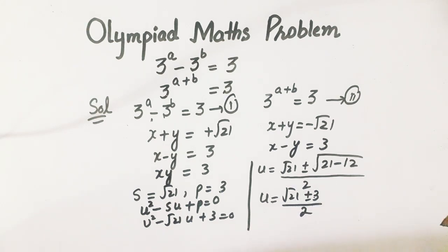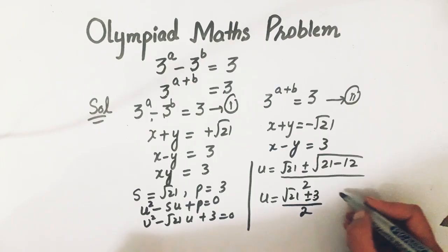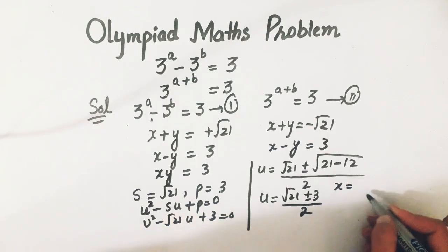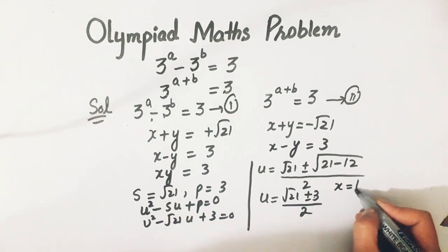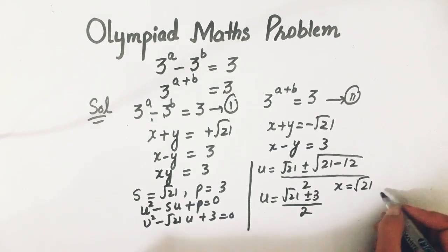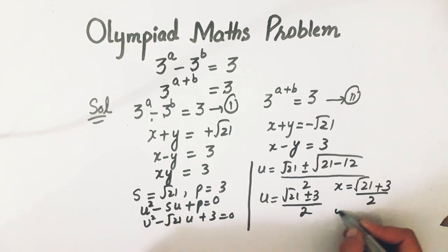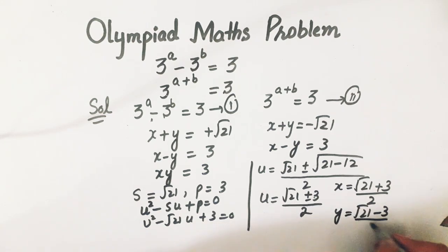There are two possibilities for this one. So x equals root 21 plus 3 divided by 2 and y equals root 21 minus 3 divided by 2.